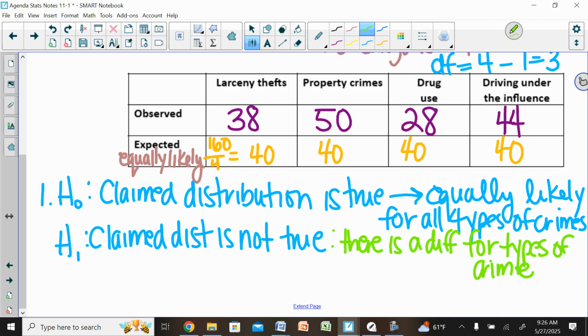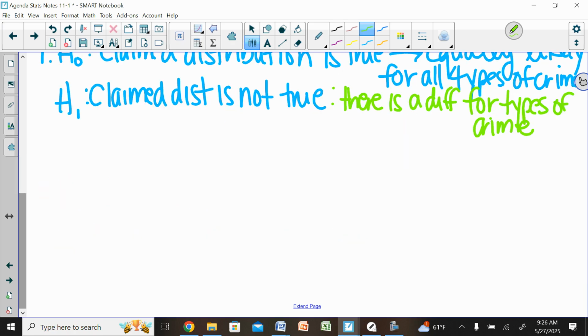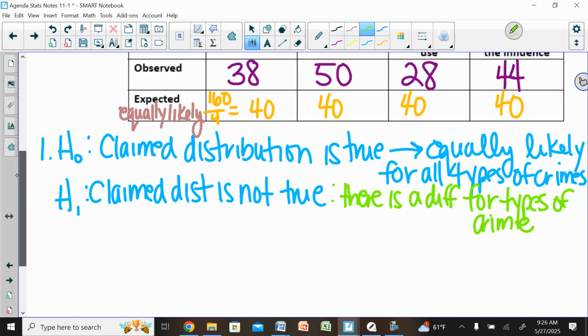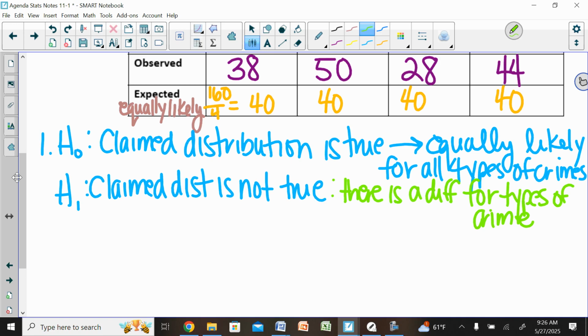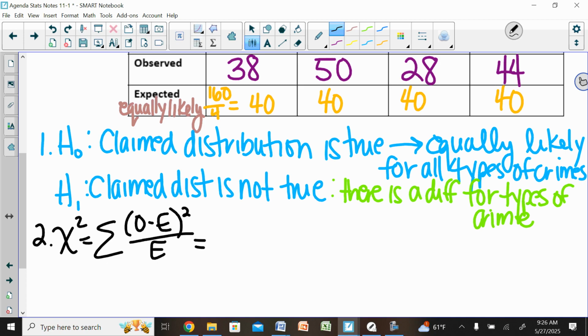Okay. Step 2 is to calculate our chi-square test statistic. So remember, chi-square is equal to the sum of all of my observed minus my expected squared over my expected. So we've got this table nice and neat here. I've got 38 observed for larceny thefts, minus 40 expected, squared over 40.